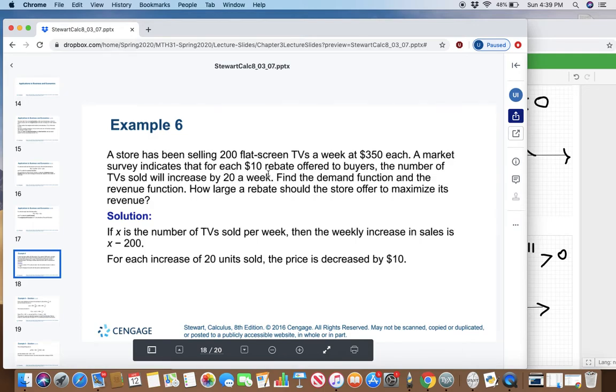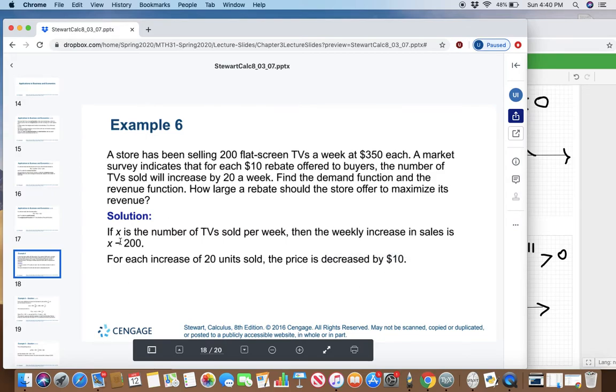So when there is a $10 rebate advertisement anywhere, well, they are expecting 20 more people to purchase a week, right? Find the demand function and the revenue function. How large a rebate should the store offer to maximize its revenue? They want you to maximize the revenue.